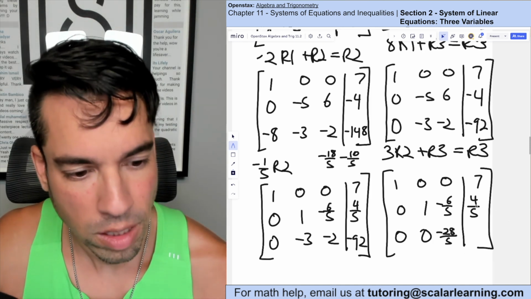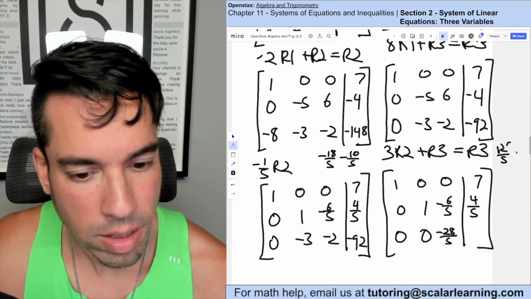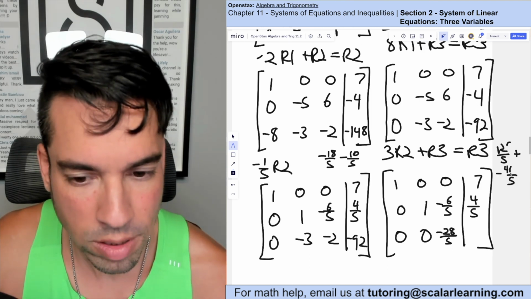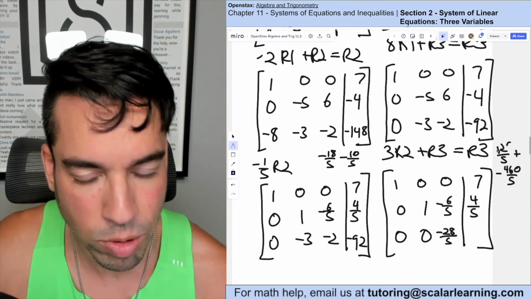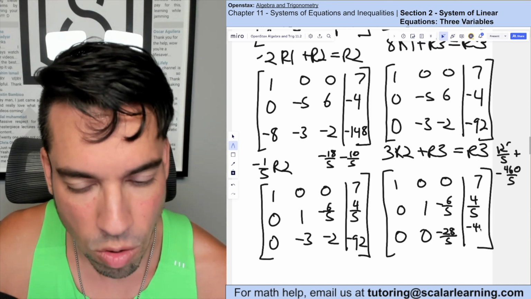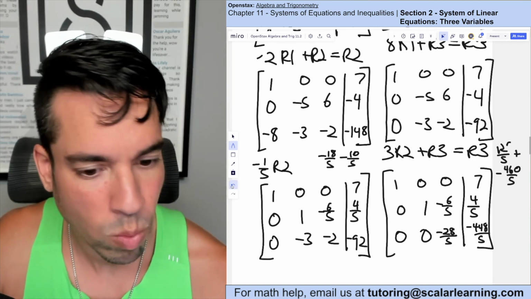And then 3 times 4/5 is 12/5 plus -92, which is the same as -460/5. So -460 plus 12 is -448/5.